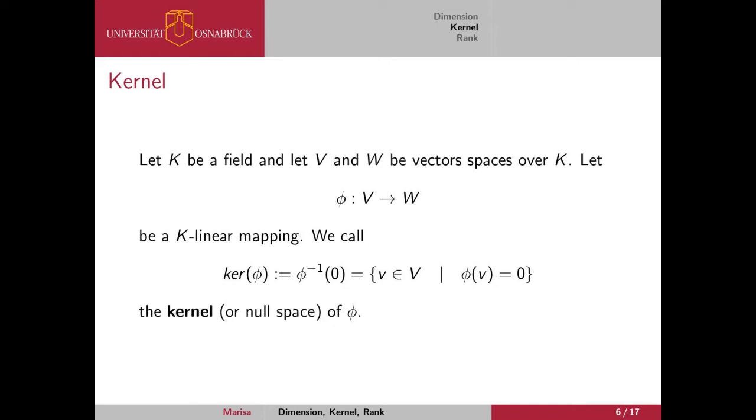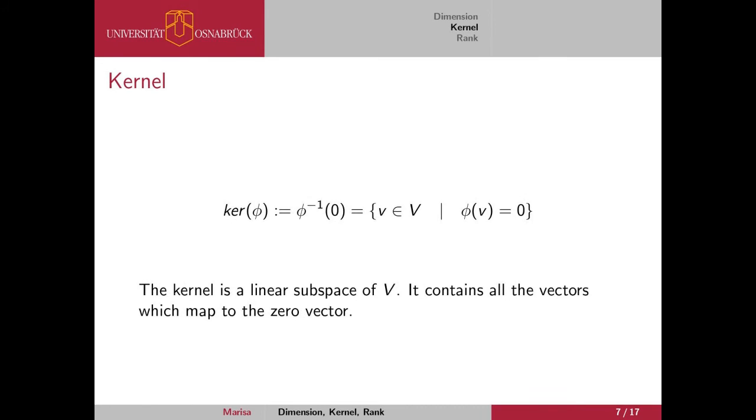This looks a bit complicated, but we can tackle this together. Here you can see the formula for the kernel again. You can see on the right side of the formula that the kernel is all the vectors v which come from the vector space V, for which it holds that phi of v equals 0.